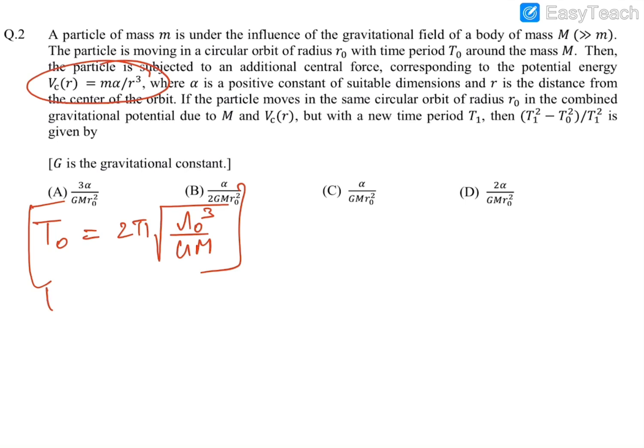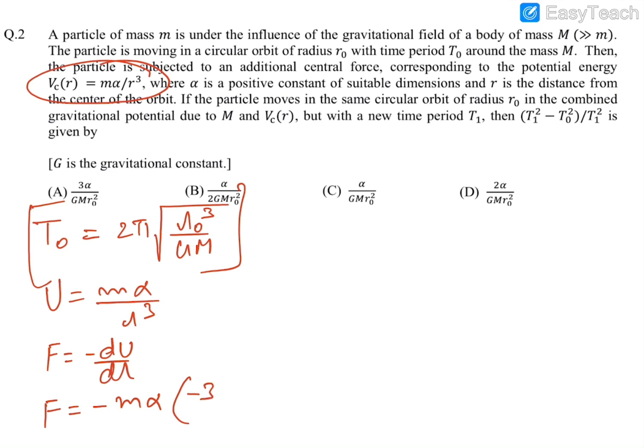So if U is equal to m alpha upon r cube, then we know that F will be equal to minus dU by dr, and F will be equal to minus m alpha, and differentiation of 1 by r cube will be minus 3 r to the power minus 4.